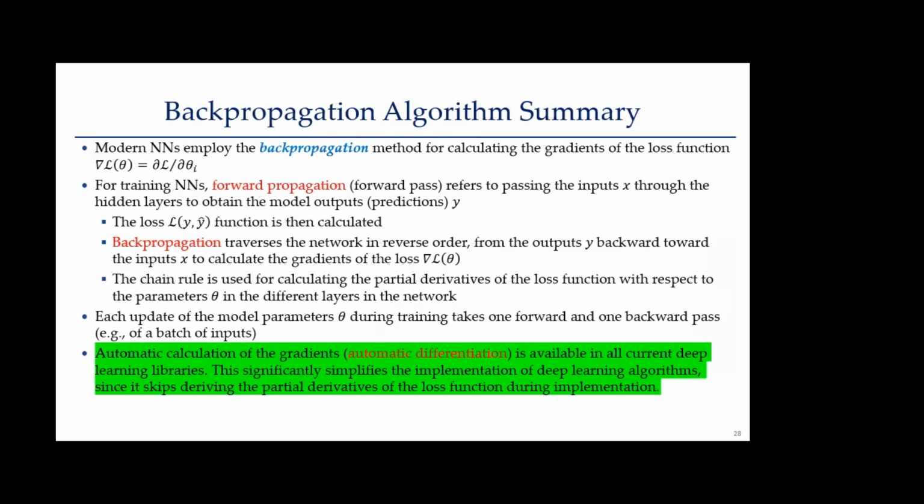To summarize, most neural networks use the backpropagation method for calculating the gradient of the loss function. During training, the forward pass is used to compute the weights and the output at each individual node. Then we use the loss function to compute the loss between the target and the produced output at the output layer.